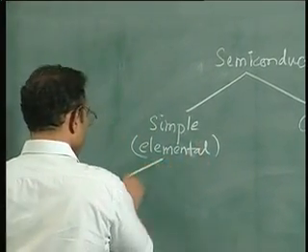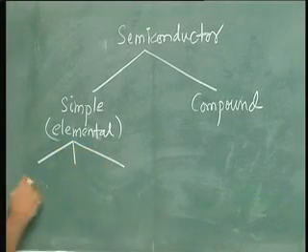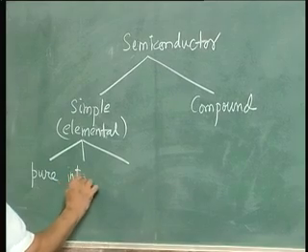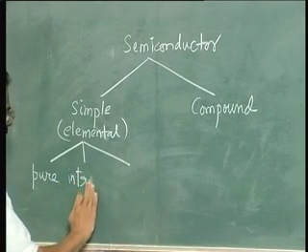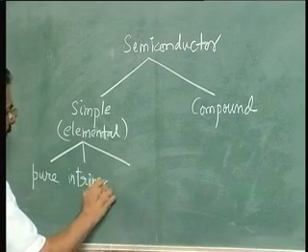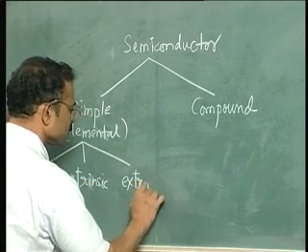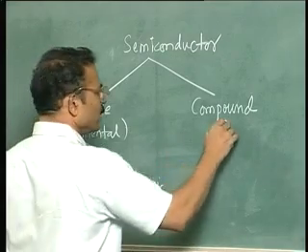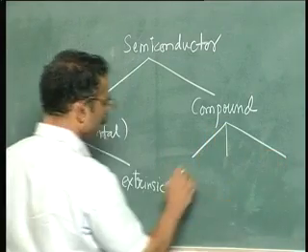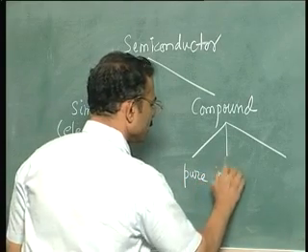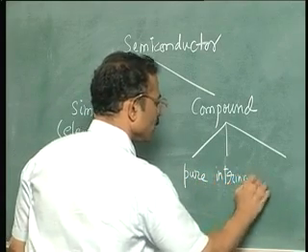Now a simple semiconductor can be either pure, or it could be intrinsic, or it could be extrinsic. Similarly, the compound semiconductor also can be either pure or intrinsic or extrinsic.